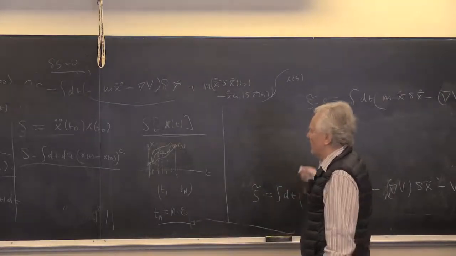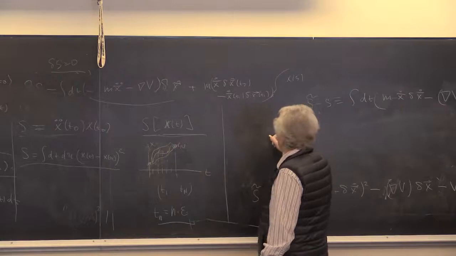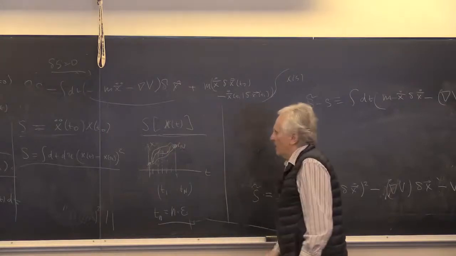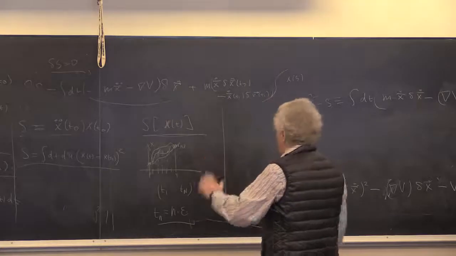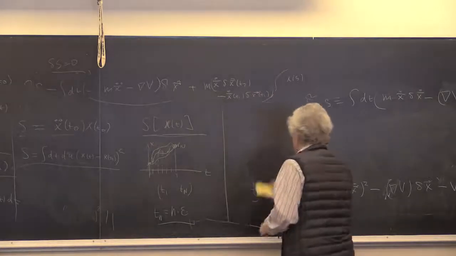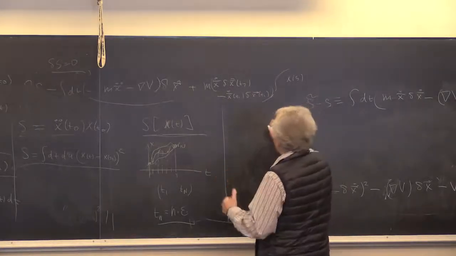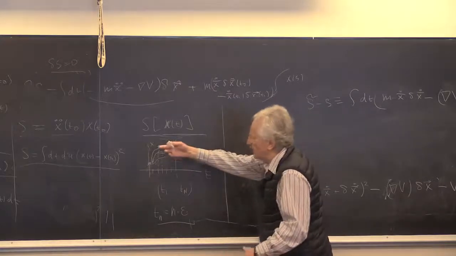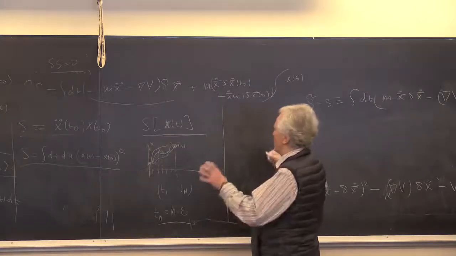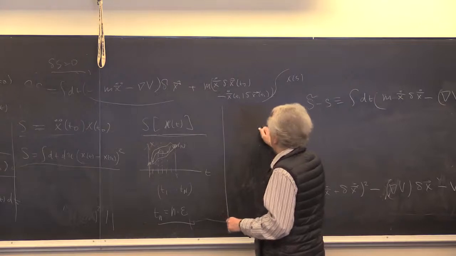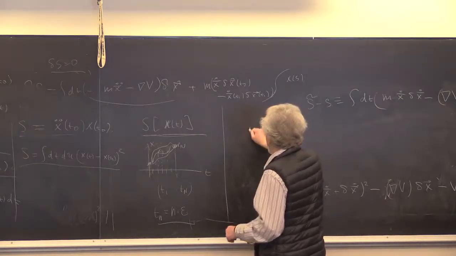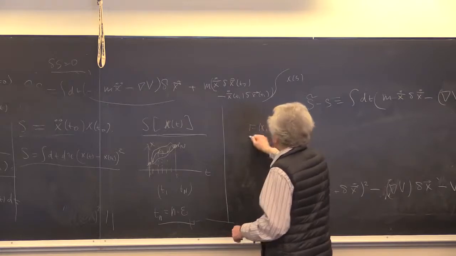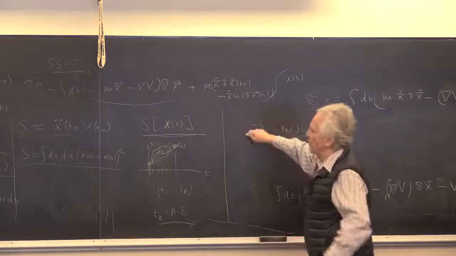However, it is not so, and to understand, we will do it in more detail next time. But I will give you the discrete version of this statement. We assume we have n variables, and we have a function of n variables. This is our analog of the action.